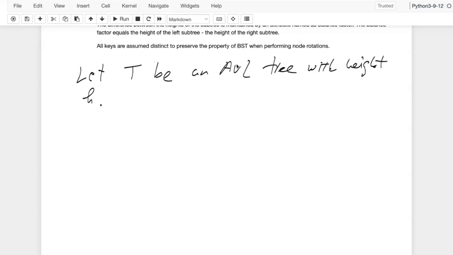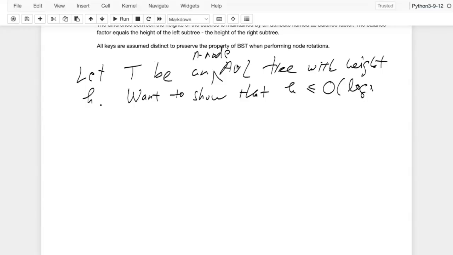Let T be an n node AVL tree with height h. We want to show that h is less than or equal to some constant times log n. We can just look at the smallest AVL tree with height h, and then we want to know how many nodes are in that tree.